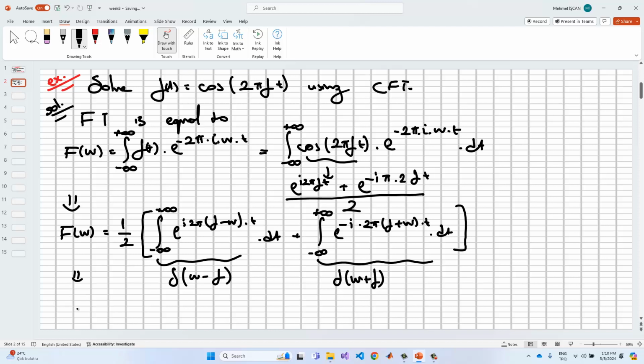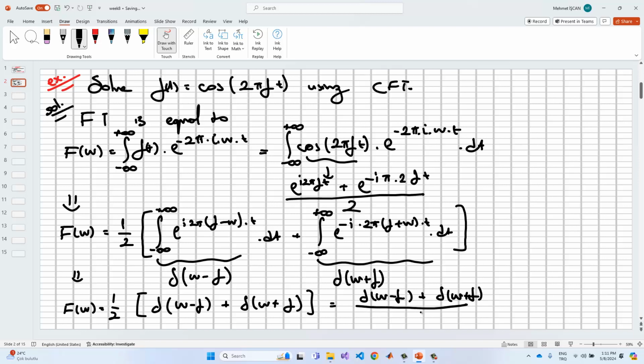And so the final integral gives us 1 divided by 2 times Dirac delta function w minus f plus Dirac delta function w plus f, which equals Dirac delta w minus f plus Dirac delta w plus f, divided by 2.